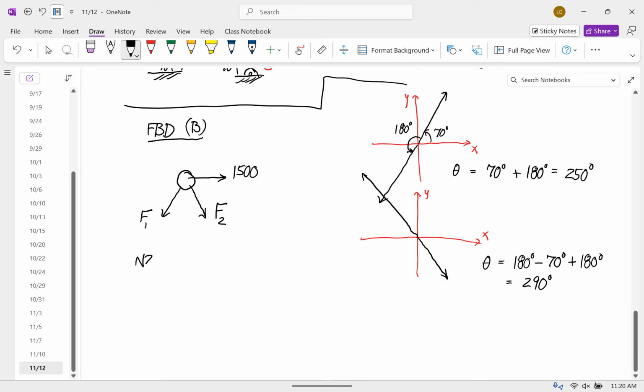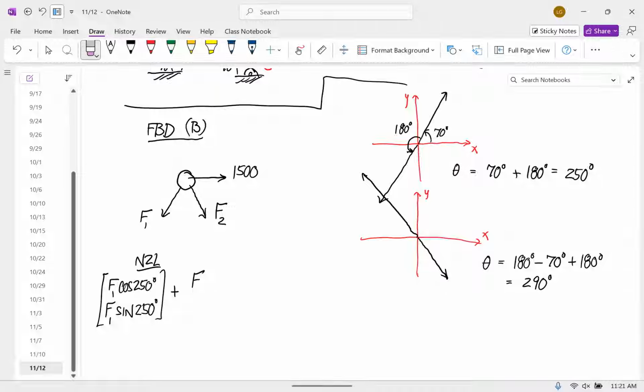Okay, so now Newton's second law says F1 times the cosine of 250, F1 times the sine of 250, plus F2 times the cosine of 290, F2 times the sine of 290, plus 1500, 0. Professor, mathematically it works if you put in a negative angle because the calculator does that.